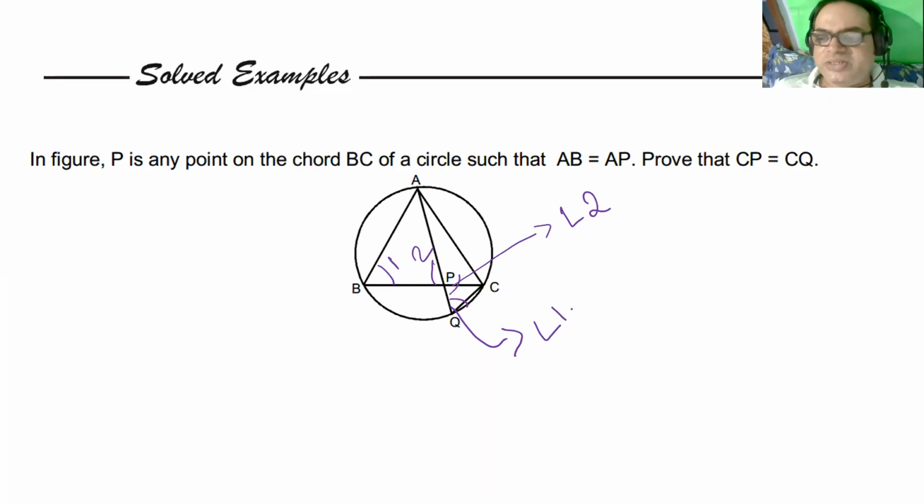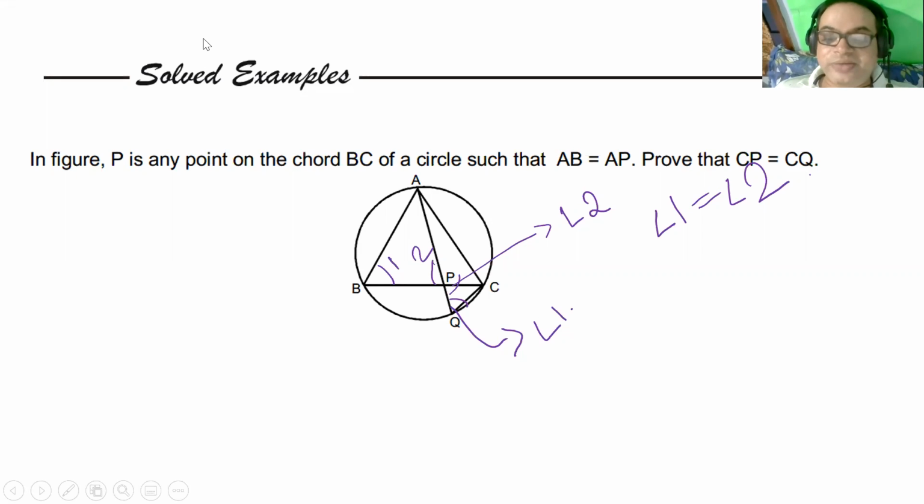Since AB is equal to AP, angle 1 will be equal to angle 2, because AB is equal to AP, therefore it will form an isosceles triangle, and in an isosceles triangle the angles opposite the equal sides are equal.